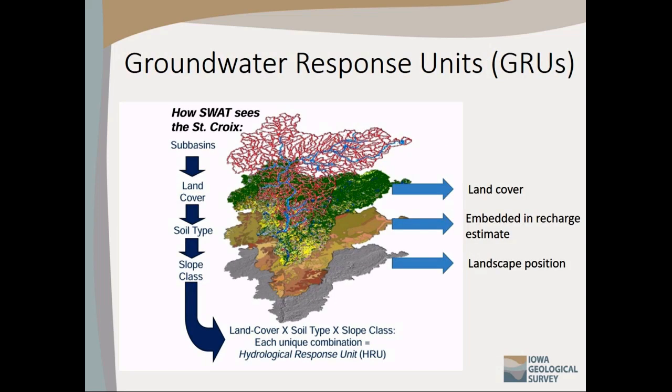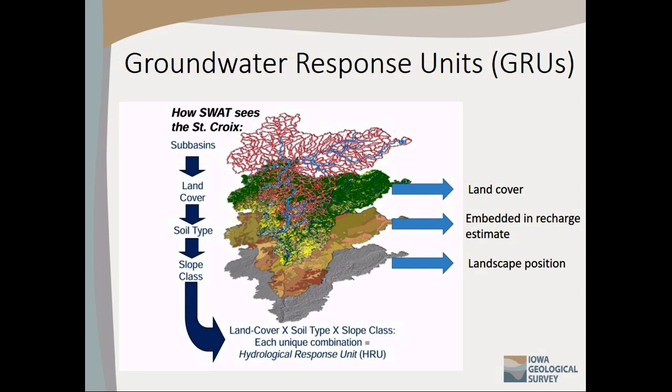So my thought is that we could use the same kind of concept and think in terms of a groundwater response unit. Based on some of the work I just talked about, you ask: what's the land cover in a part of a watershed? What's the landscape position? We just saw that the difference between uplands, slopes, and floodplains matters a great deal.